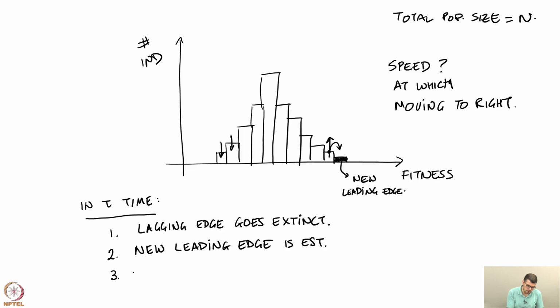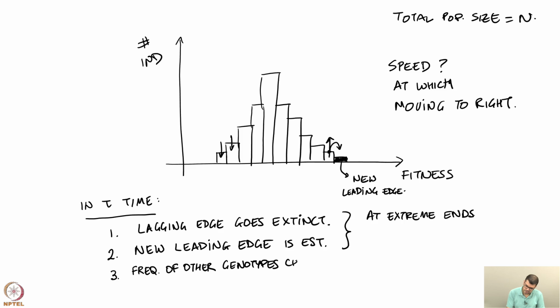In between, frequency of other genotypes change to give the impression as if in this tau time the entire distribution moved rightwards by S naught amount.